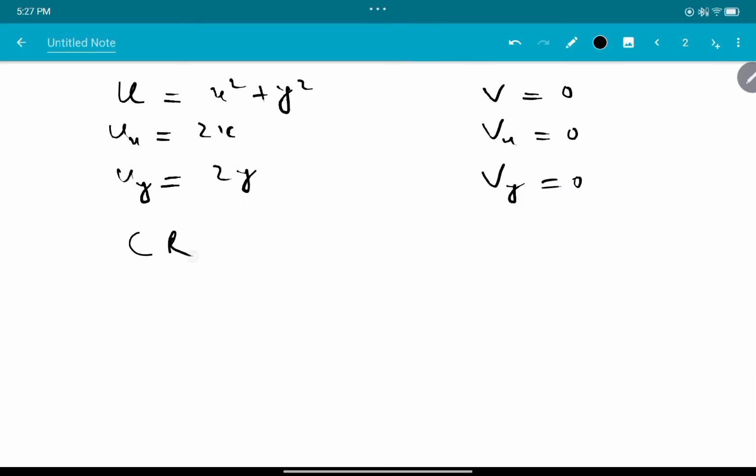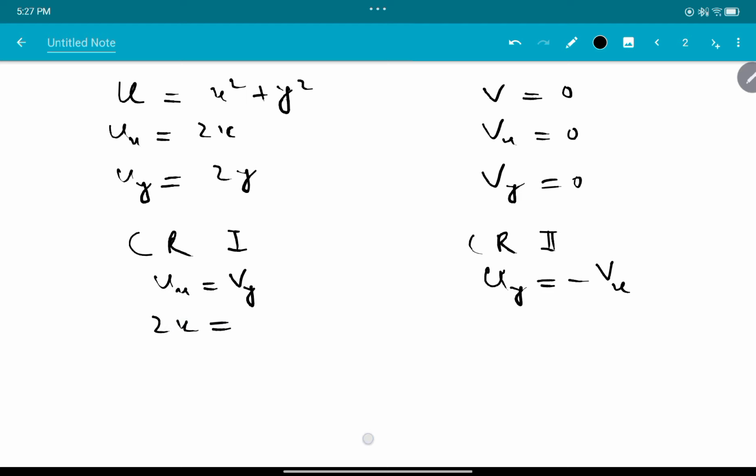Now the CR equations. The first tells us that ux should be equal to vy. The second tells us that uy should be equal to minus vx. So let us examine whether these are obeyed here or not. Looking at ux, this is 2x, equal to vy, which is 0.